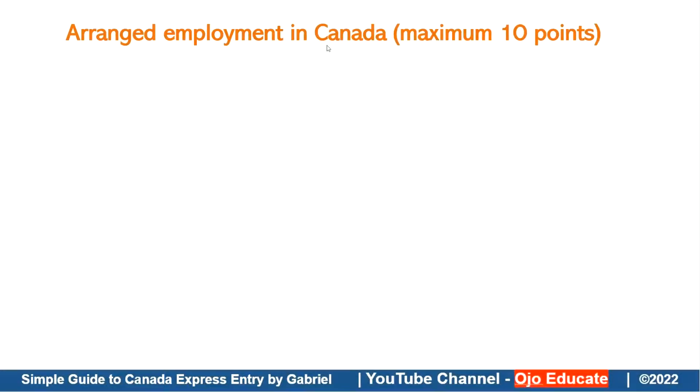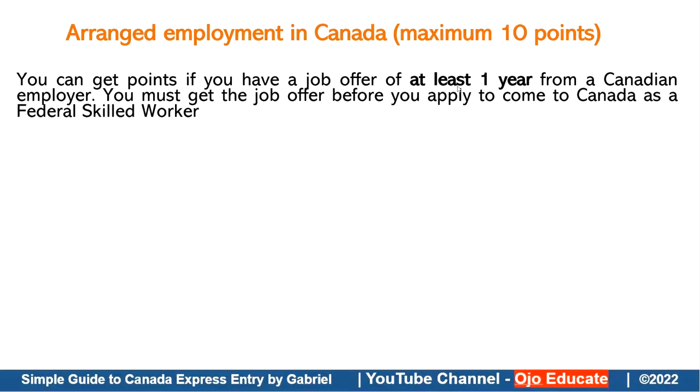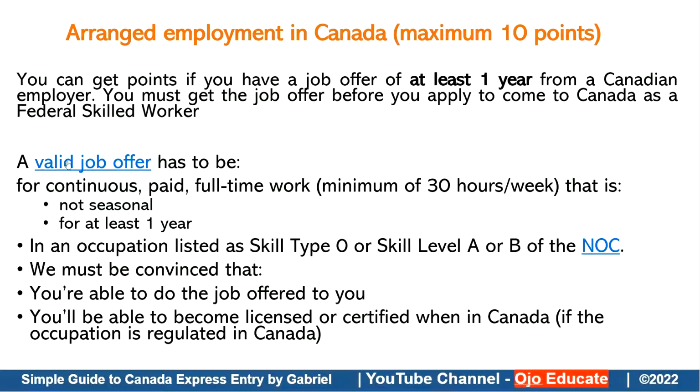Now, arranged Canada employment. That means you have an employment offer of at least 1 year from a Canadian employer. That is 10 points. It must be a valid job offer with continuous full-time pay, at least a minimum of 30 hours. So take note of that.